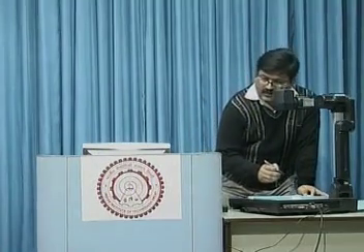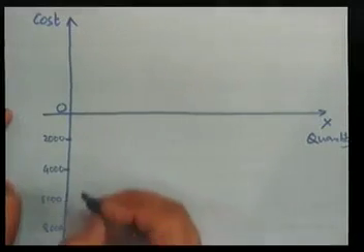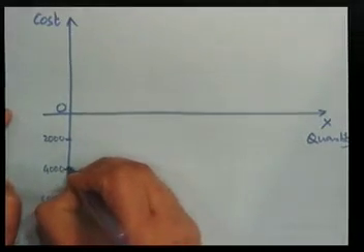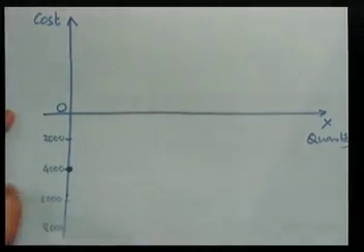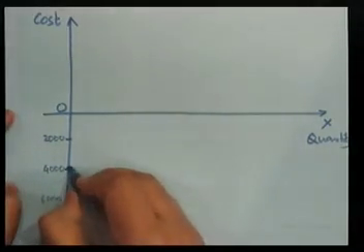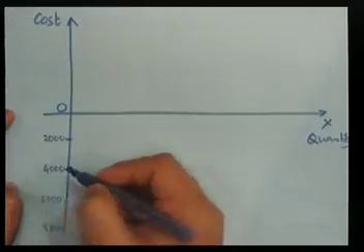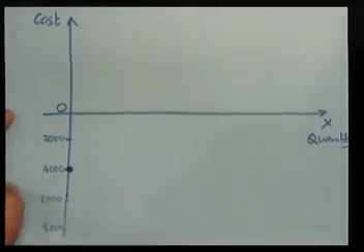Now, my fixed cost for product A is 4,000. So, let us say I am at this particular point. This fixed cost means that even if I am not producing any product A, that cost anyway I have to spend.